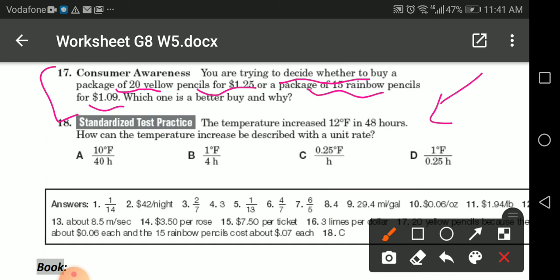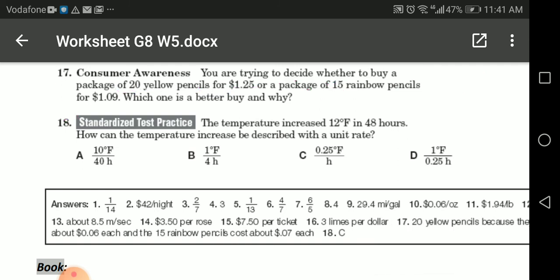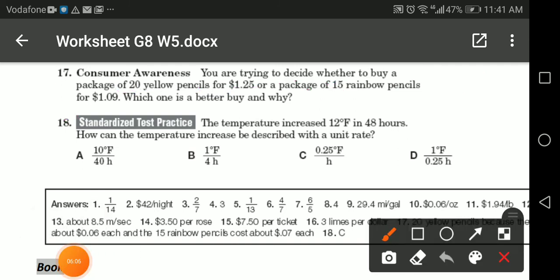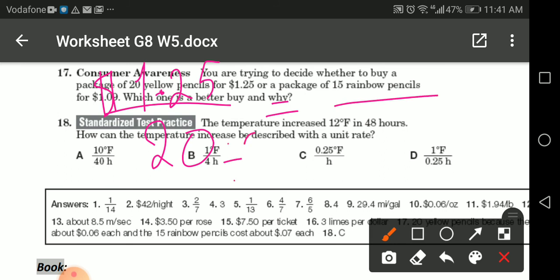We can apply what we are studying to our real life. So let's calculate the rate for each package. For the first package, 20 yellow pencils for $1.25. So remember, what should I do? Divide by 20.